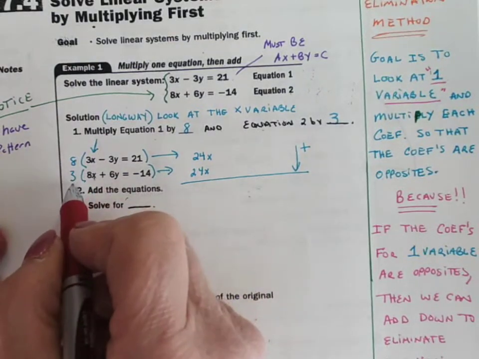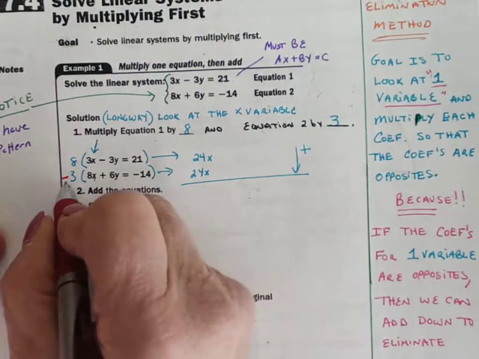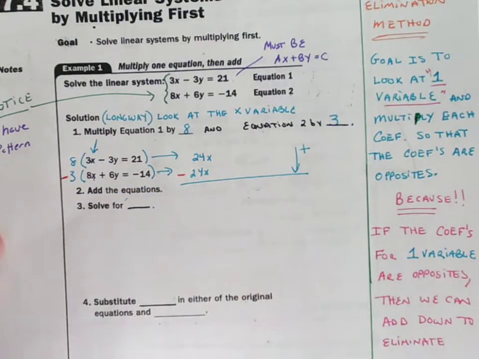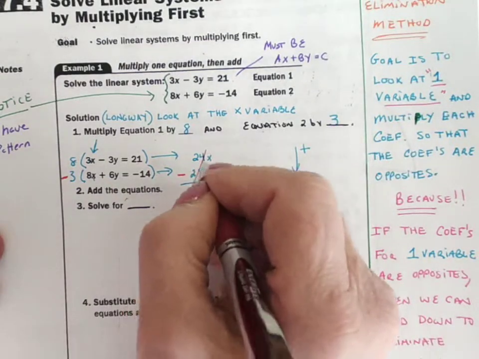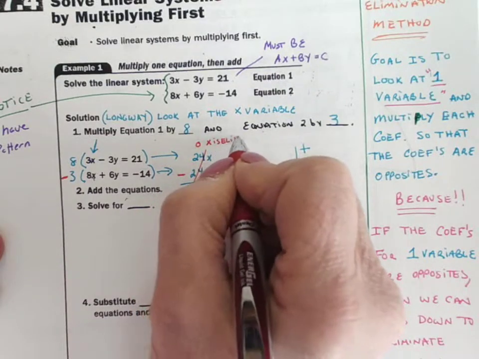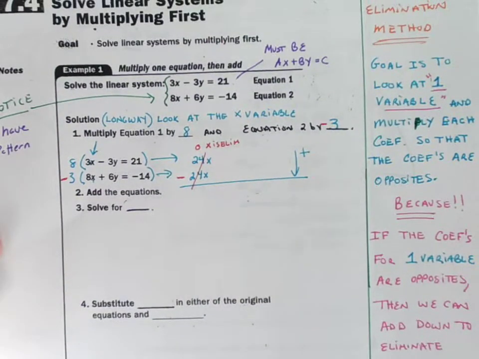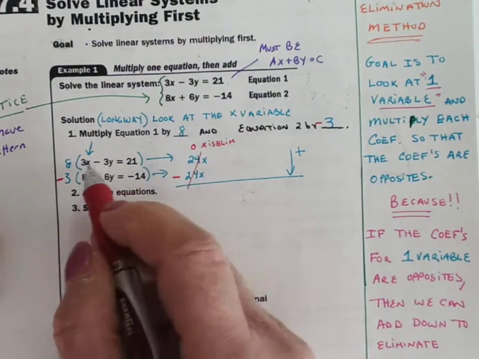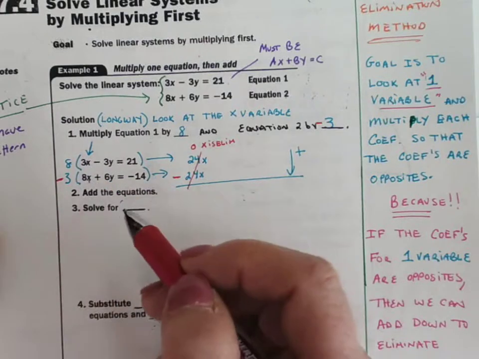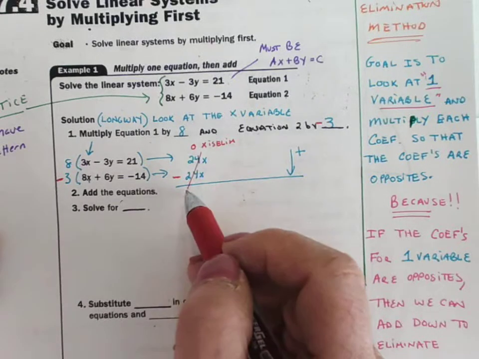So I have to make one of these numbers a negative. If I multiply this by negative 3, negative 3 times 8x gives me negative 24x, and if I add down, 0, x is eliminated. So I have to multiply this by negative 3. The goal is to look at your x variable and multiply both of the coefficients so that they're the same, but they're opposites.